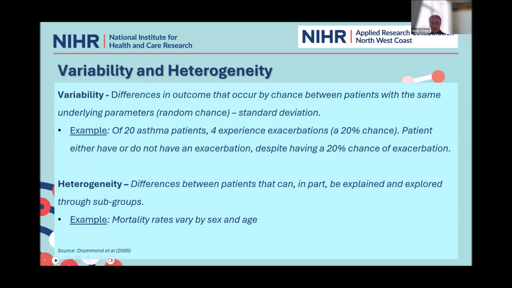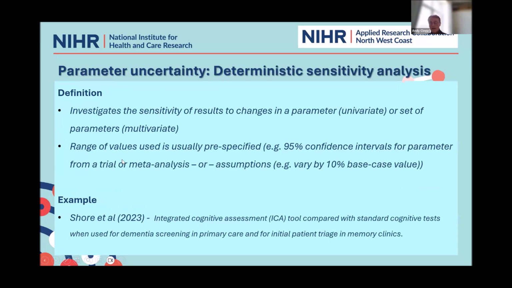So if I move on to how we quantify uncertainty, a word that's commonly used associated with all these forms of analysis, the first one I'm going to just briefly talk about is deterministic sensitivity analysis, and Valerio will be looking at probabilistic shortly.